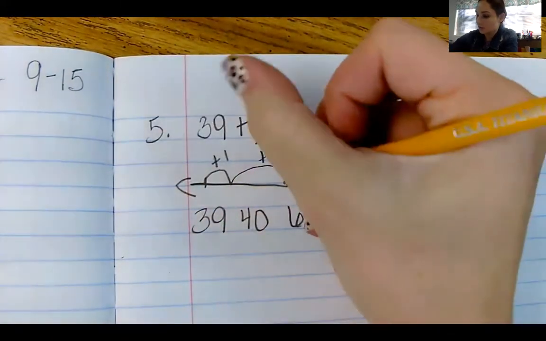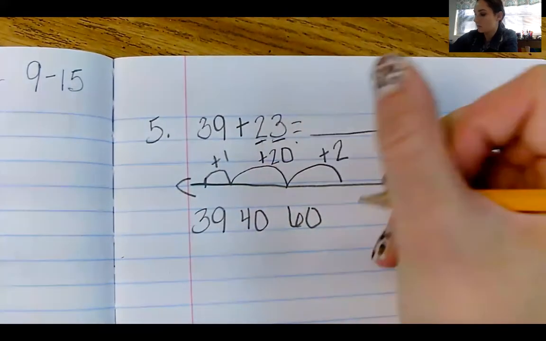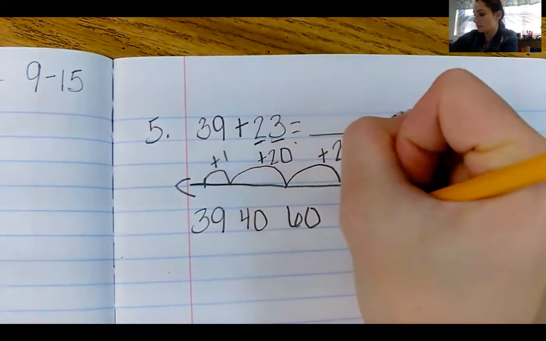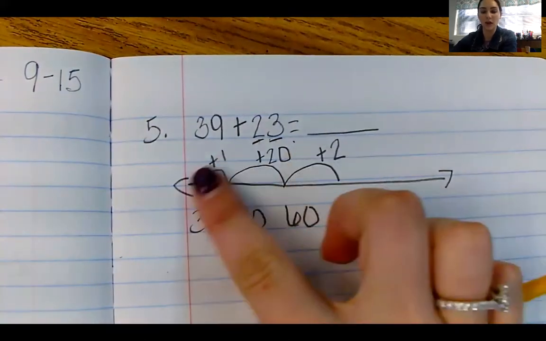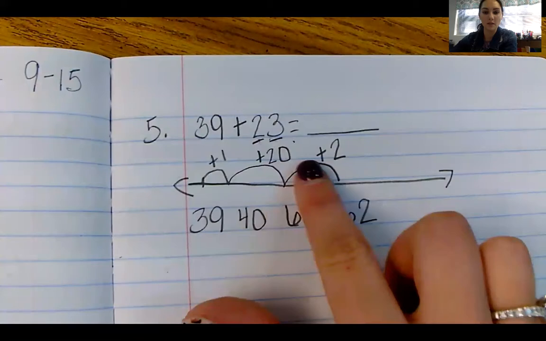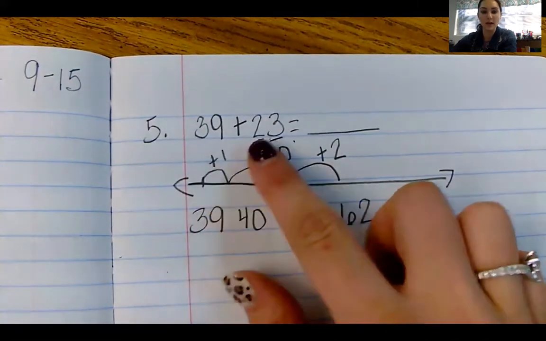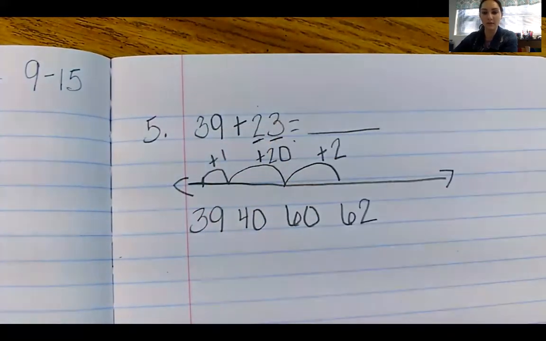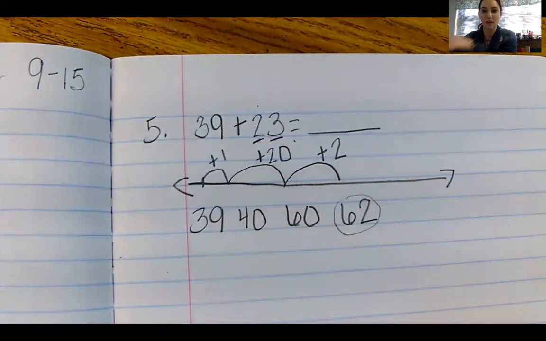So all I would have to do is add 2 more, which would get me to my answer of 62. Okay, and then I can check my work, make sure I've added everything by looking at these numbers here. So I have 20 plus 2 is 22, plus 1 more is 23, and that's what I need to add. So then my answer is 62. Okay, pretty simple.